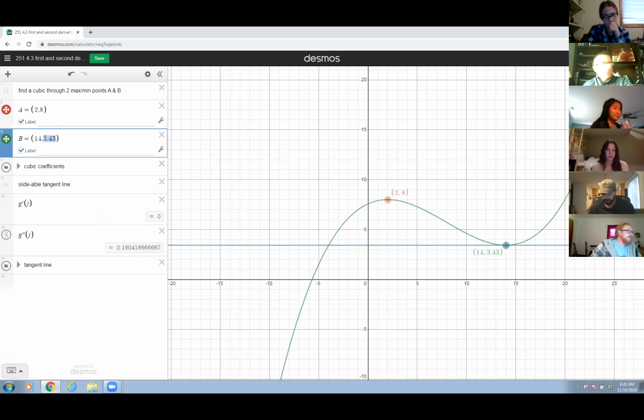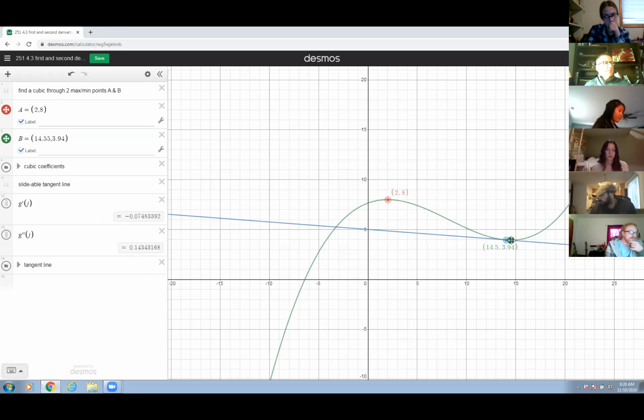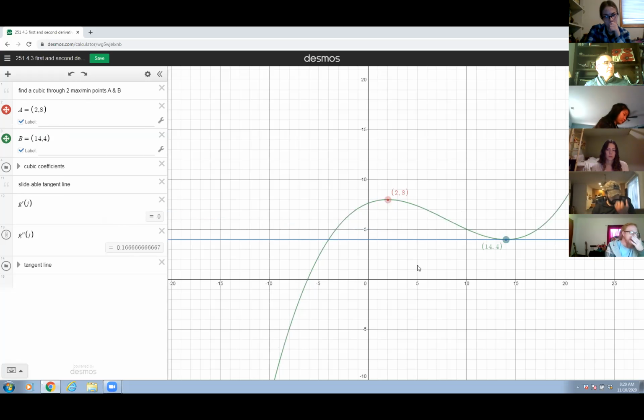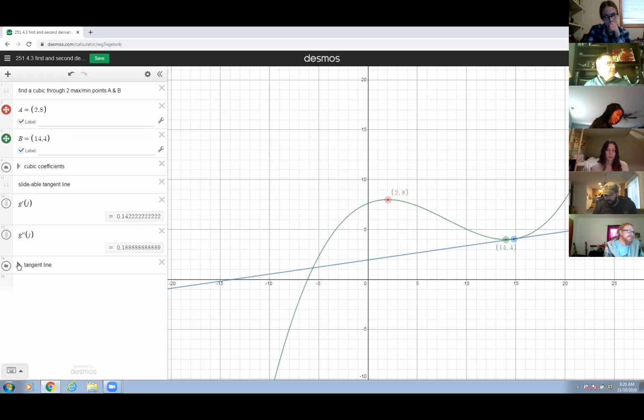Yeah, it's 14. So that's just kind of cool. I guess since they line up, you've got to be careful. They became the same point, so you couldn't grab one without grabbing the other.